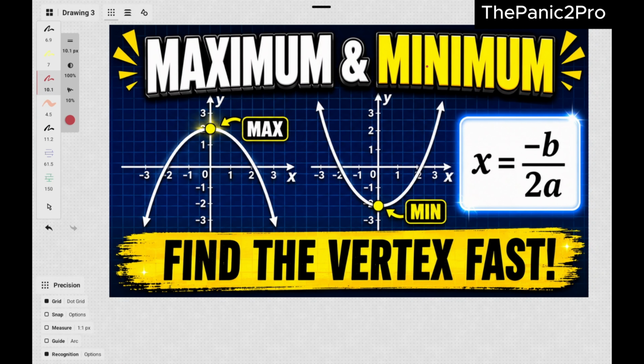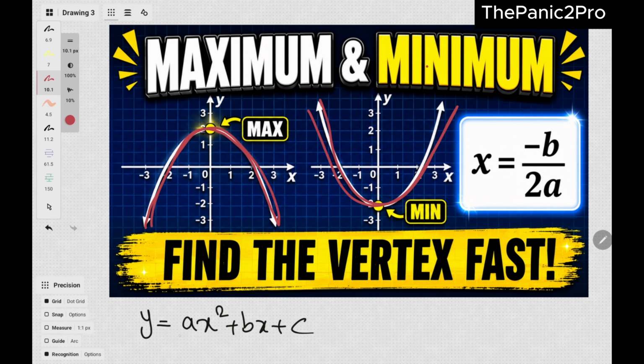Hello everyone. Today we're going to talk about the maximum and minimum point of a quadratic equation. Let's say we have something like y equals ax² plus bx plus c. And this could represent a format of this or this, depending on how much a, b, or c are.